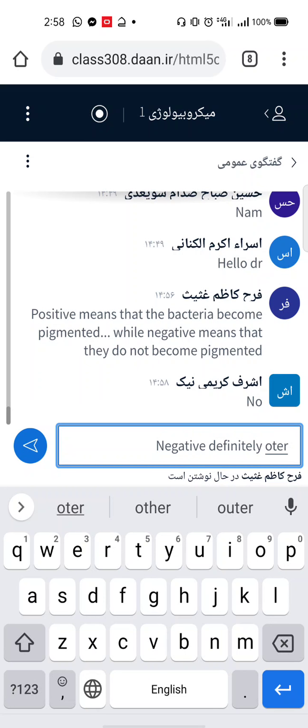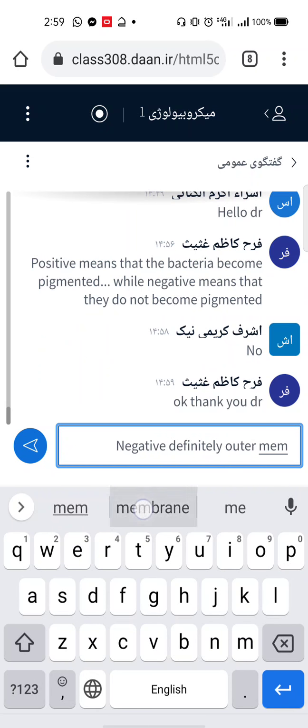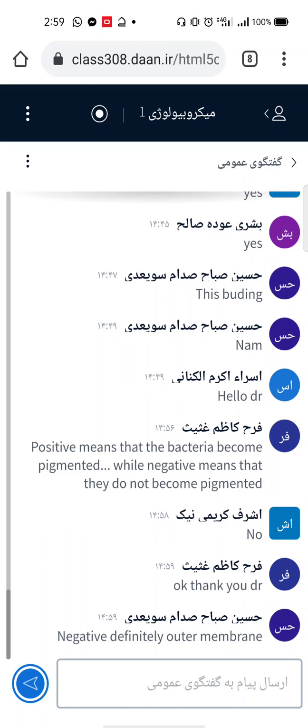In gram positive bacteria, peptidoglycan is a thick layer, in green color in this slide. In gram negative bacteria, peptidoglycan is a very thin layer.